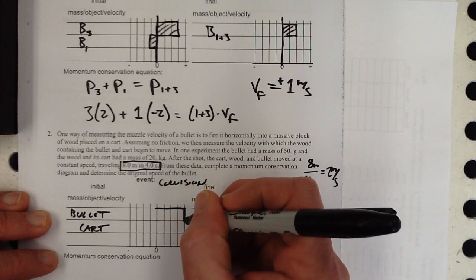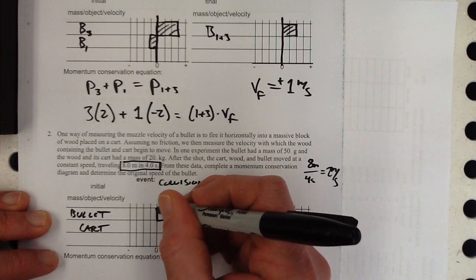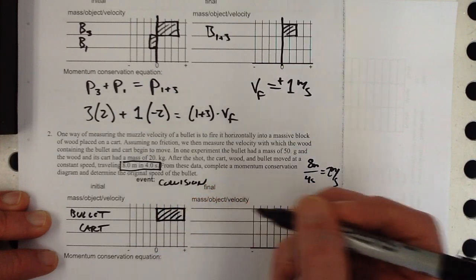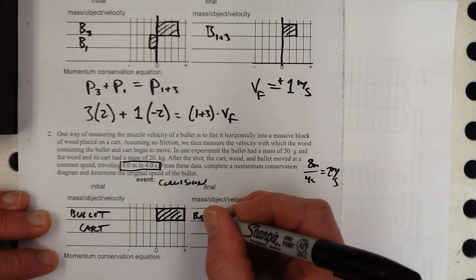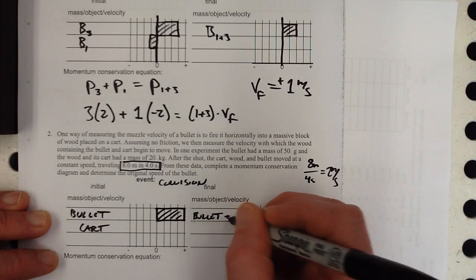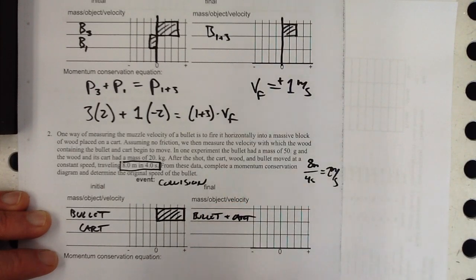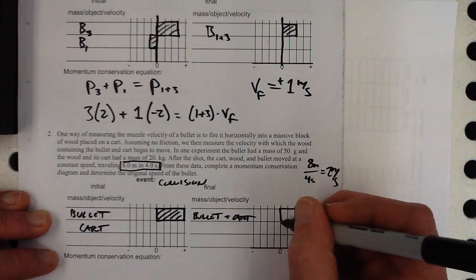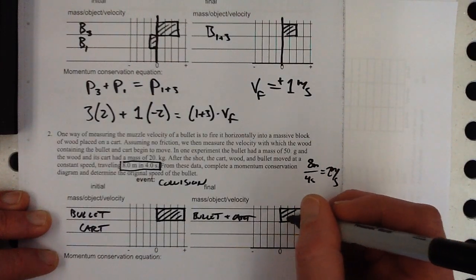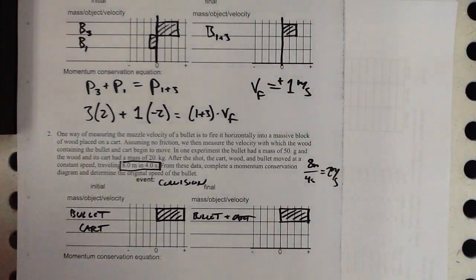We'll give it a big 4 bars. It's going so fast. And then after, everything sticks together. So I've got the bullet and the cart, stuck together, like that.